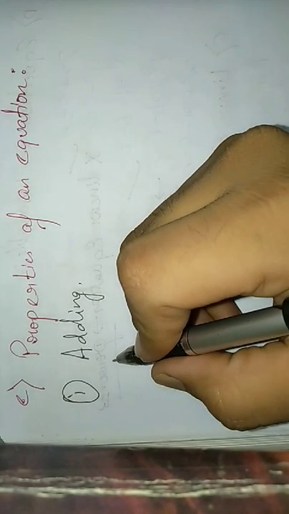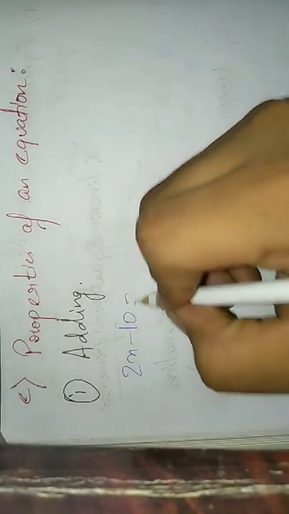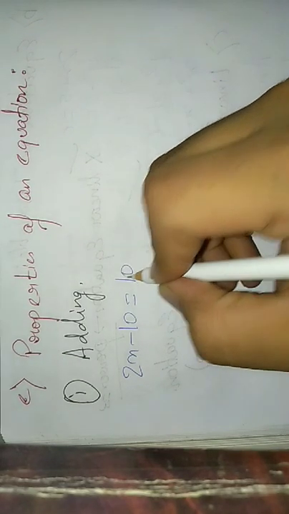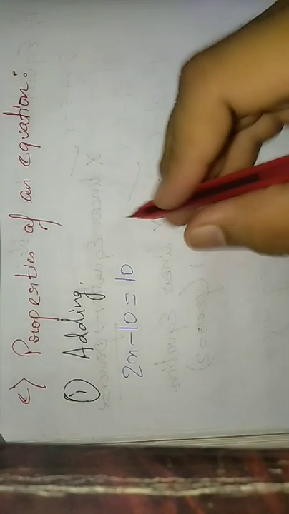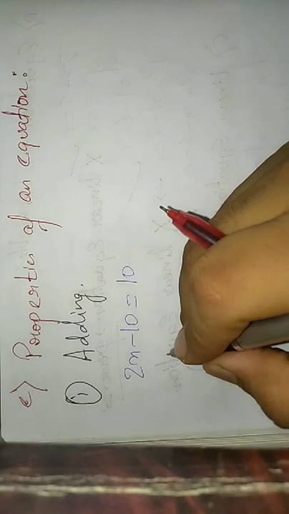Suppose I had an equation 2x minus 10 is equal to 10. Suppose I add 10 on both sides.